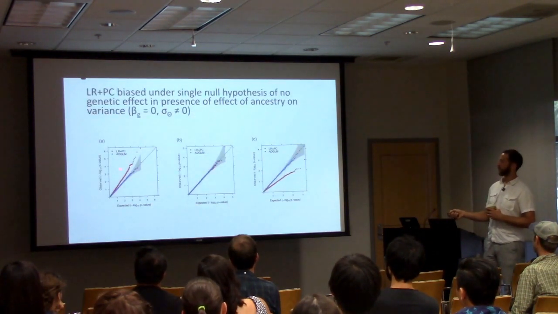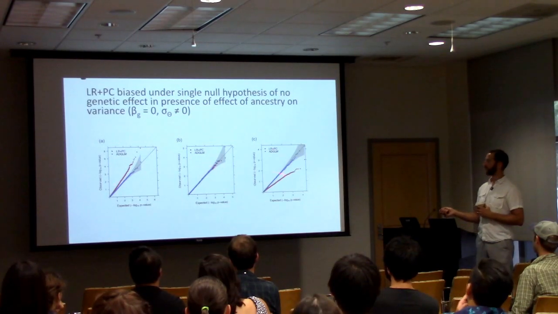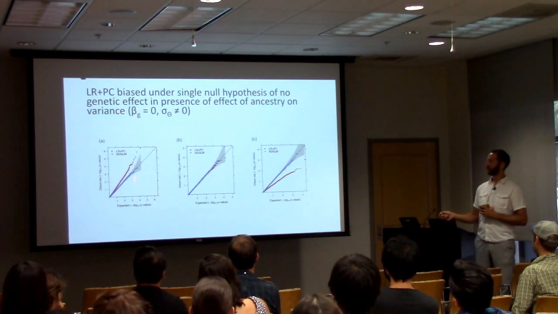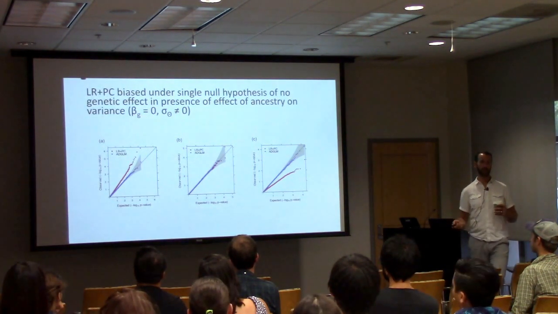And so if we go back to our QQ plots, we can redo those simulations now comparing linear regression with PCs in the red to ADGLM in the blue, and you can see across all three of these things, we get this really nice null distribution.